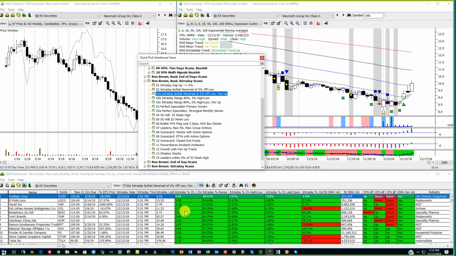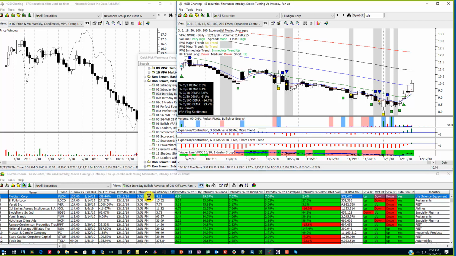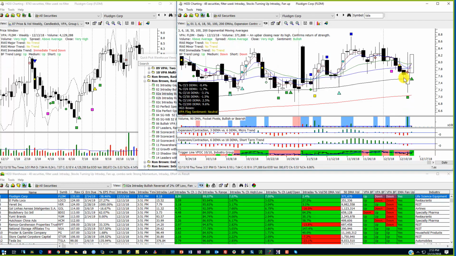And there's a lot of green here. So even in a crappy market like this, you can find stocks that moved up 2% off of their daily low, and that would have been at the open right here.